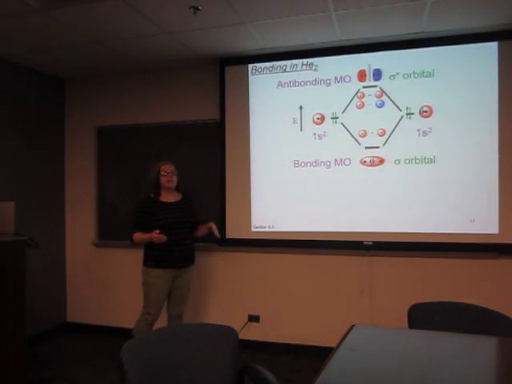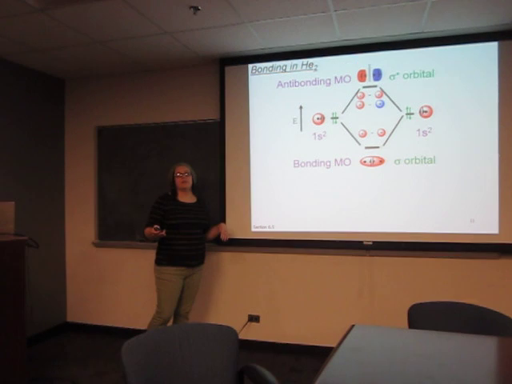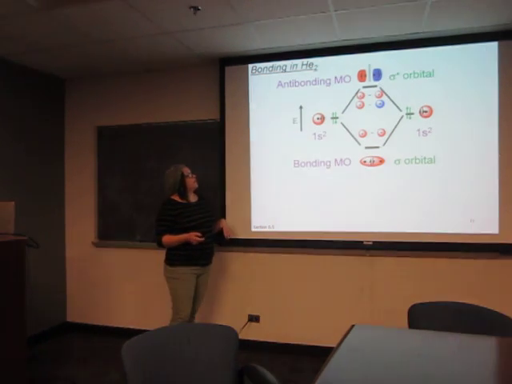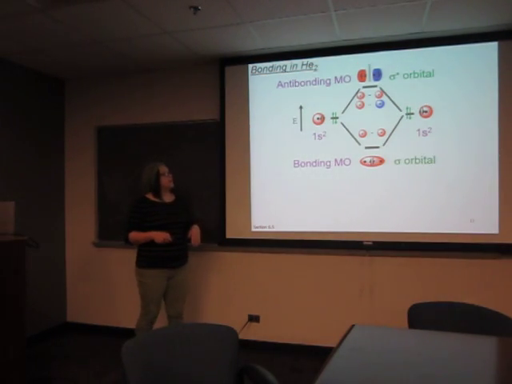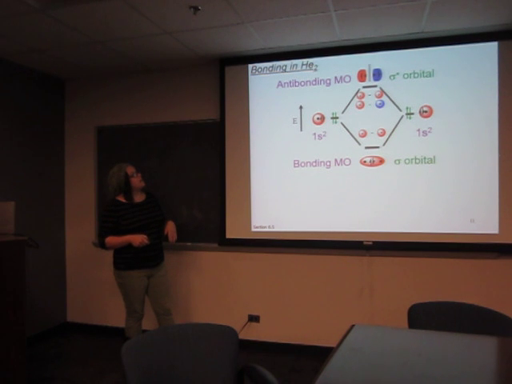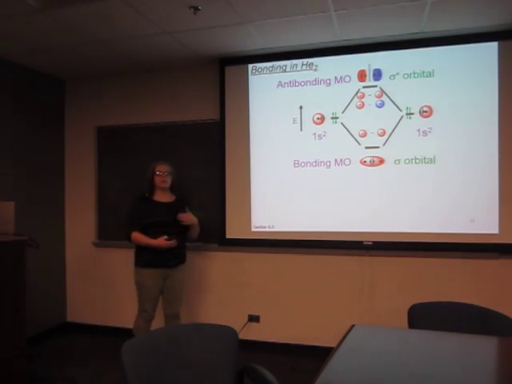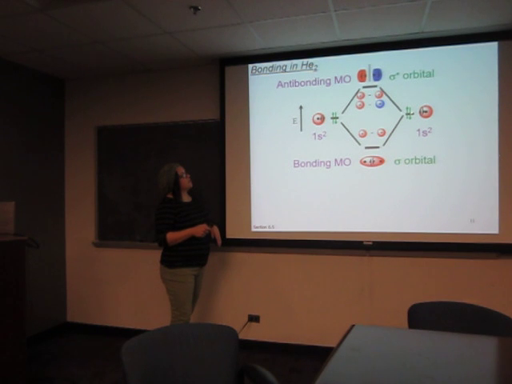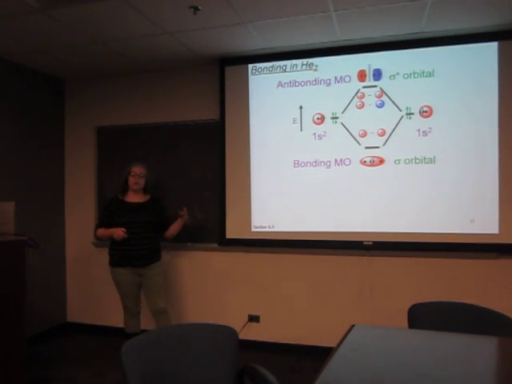Now, we can compare this to helium, because we know that helium is diatomic or not? Not. Correct. So helium naturally does not occur as a diatomic molecule. And if we look at the electrons, we can see that each helium actually has 2 valence electrons. So now we've changed the number of electrons that we're working with. We're going to have 2 electrons from each helium for a total of 4.